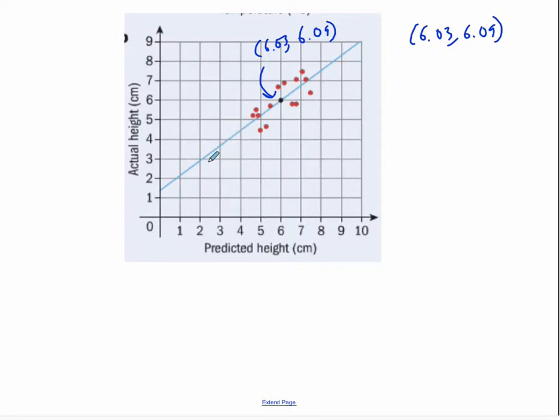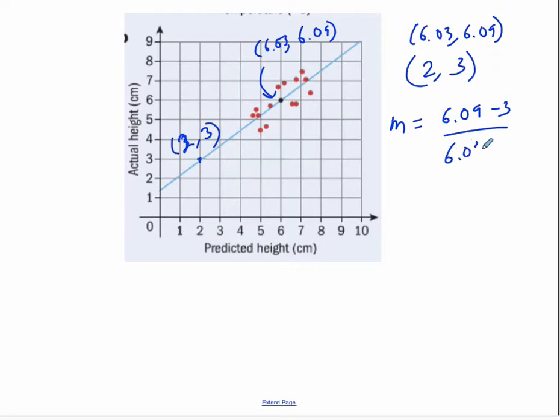I like to pick one further away so it's more accurate, and maybe we'll pick this point right here, which is 2 comma 3, and we'll find the equation of the line. We can get the slope first, so we can do 6.09 minus 3 over 6.03 minus 2, which is 3.09 over 4.03.